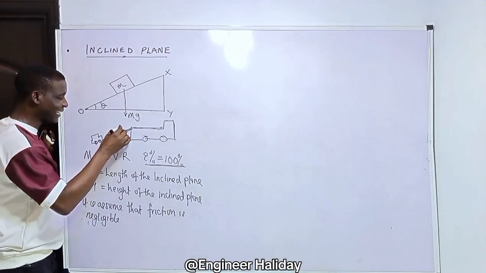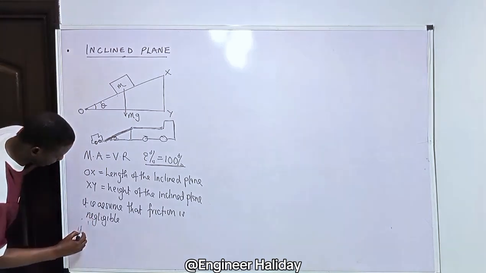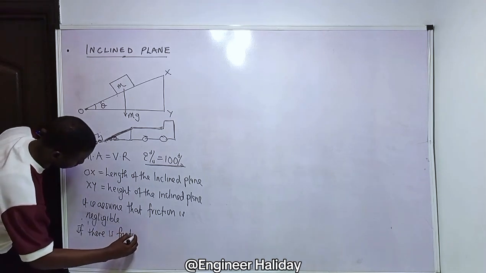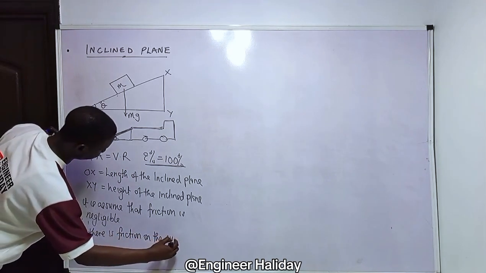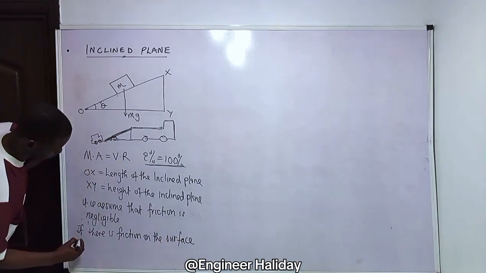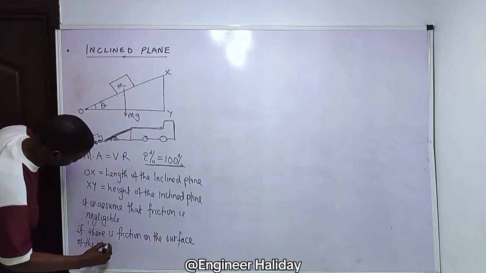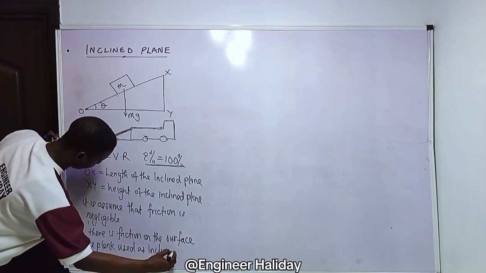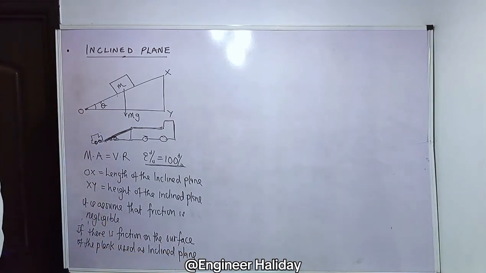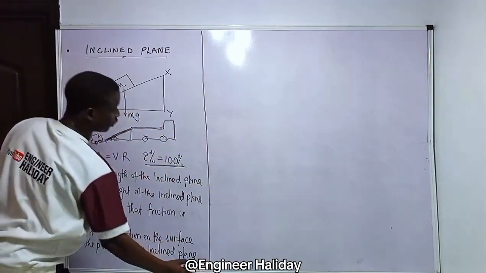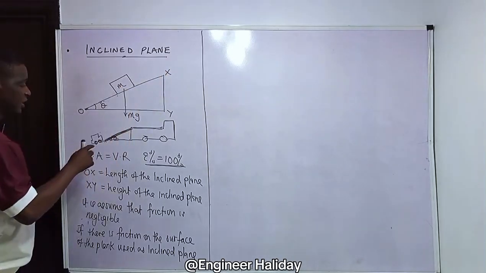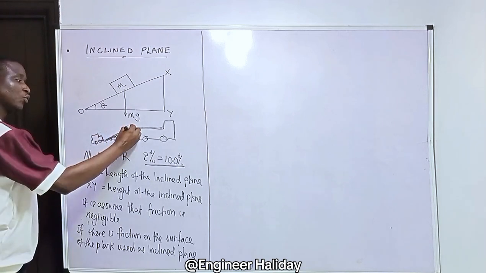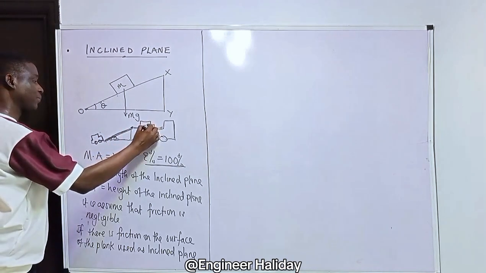But if the plank, the inclined material, is rough, like if there is friction on the surface of the plank used as inclined plane, it will enable the car to actually move from one end and get to the back floor of the lorry.